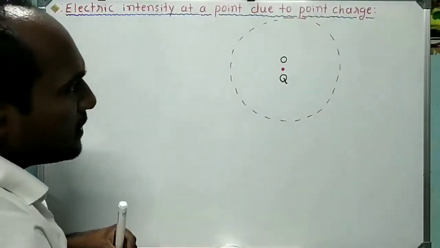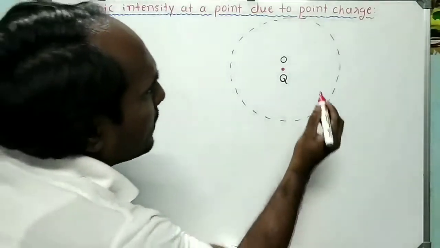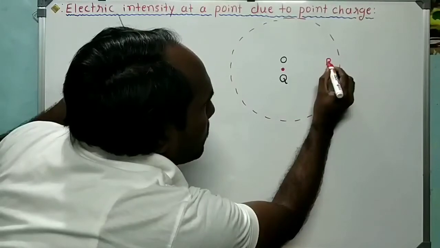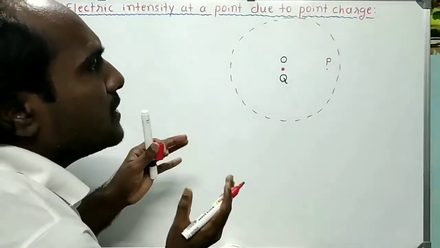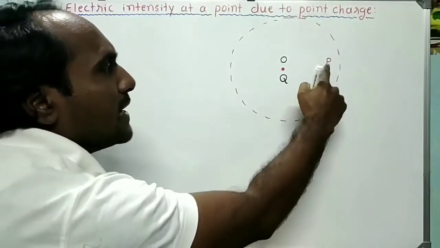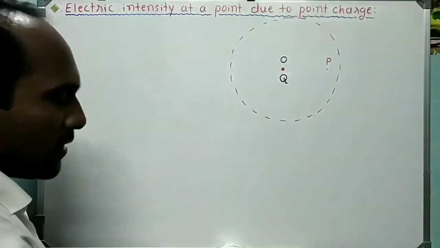Now I will consider a consideration point, that is point P. I have considered this point P in the electric field of the capital Q point charge.